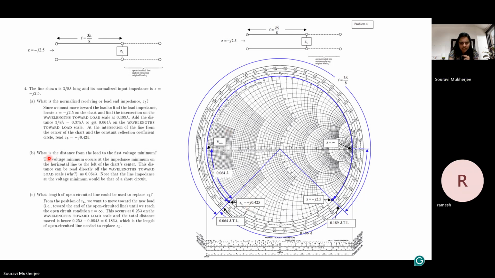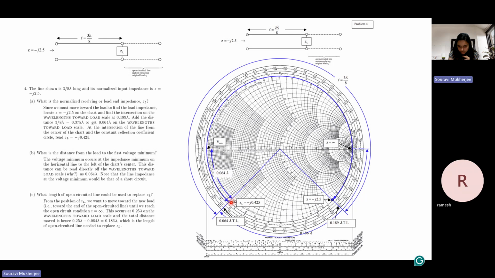Now if it is asked what is the distance from the load to the first voltage minimum: the first voltage minimum corresponds to the minimum value of resistance, right? So you need to find this distance, and that is straightforward because this corresponds to the zero value.